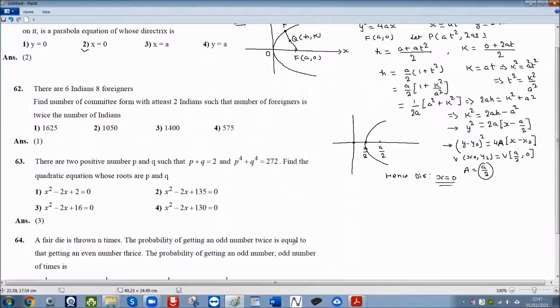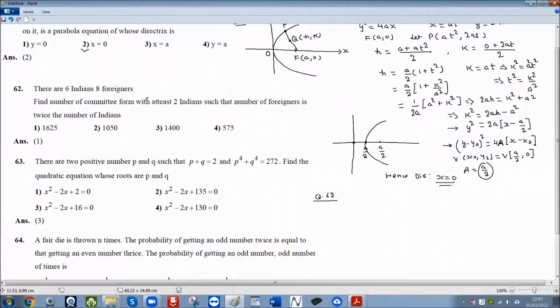Now we consider question number 62. There are 6 Indians and 8 foreigners. We have to determine the number of committees which can be formed having at least 2 Indians such that the number of foreigners is twice the number of Indians.